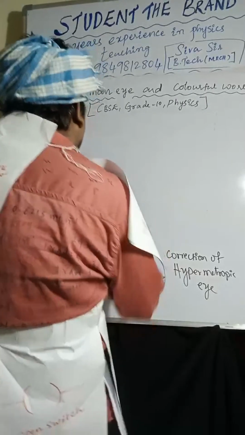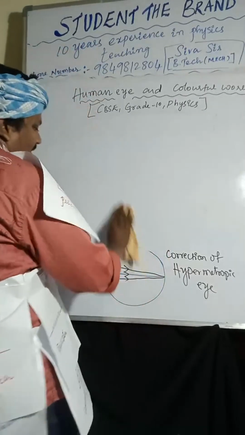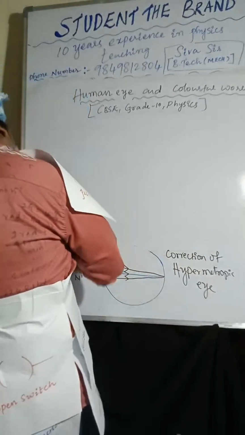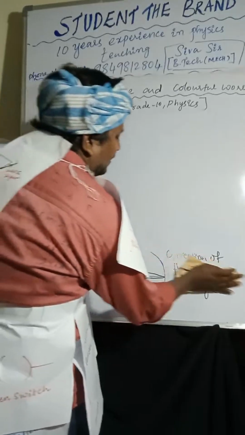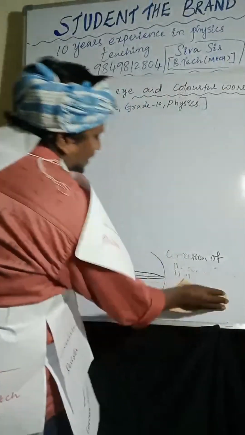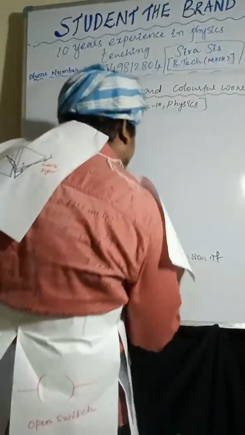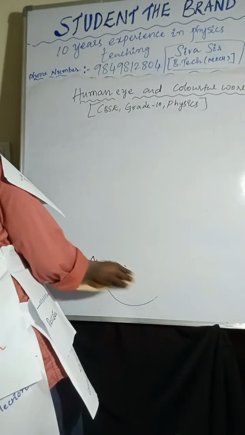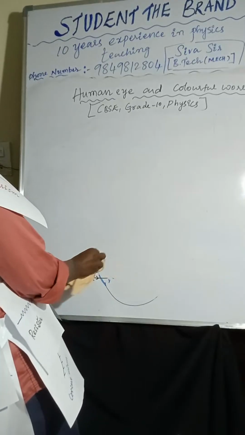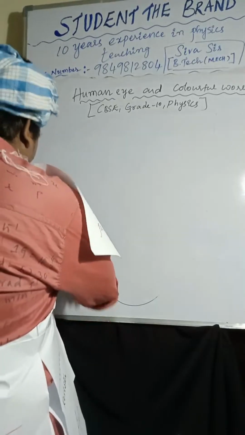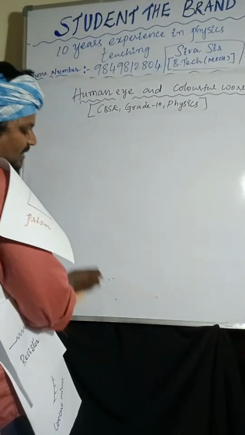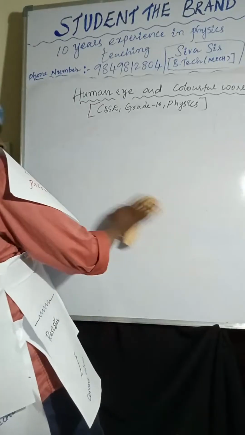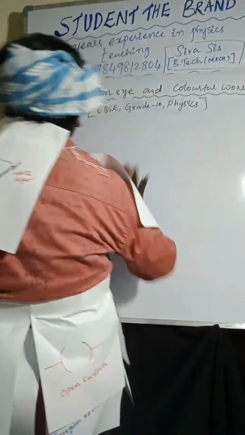For hypermetropia correction, we are using a convex lens.